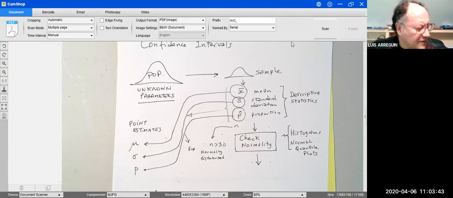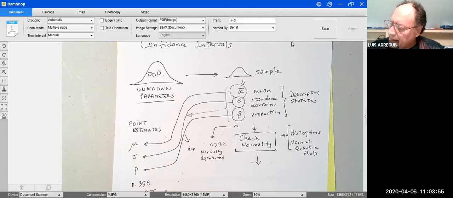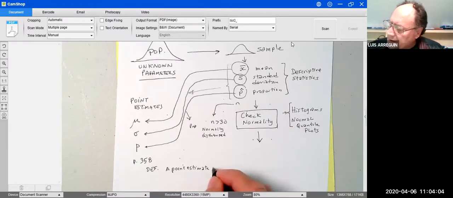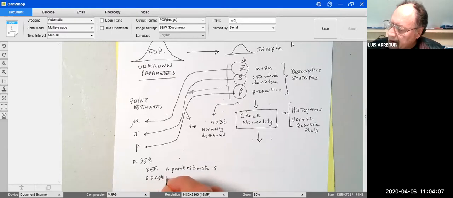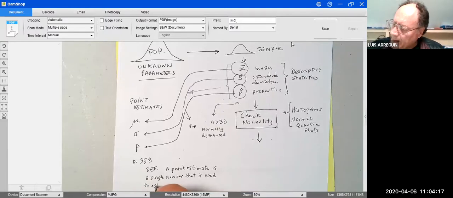We can find the definition of point estimate on page 358, and the definition there says that a point estimate is a single number that is used to estimate the value of an unknown parameter.